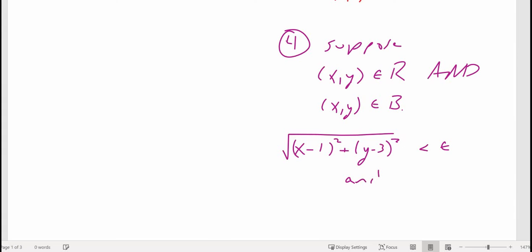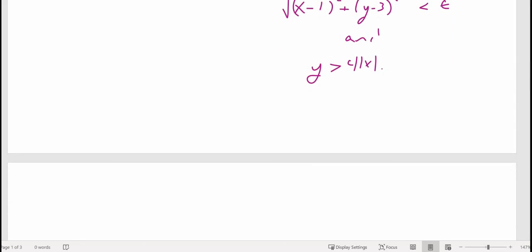And it also tells me that y is greater than 4 times the absolute value of x. So I know those two things for sure if that point does lie inside of the ball and inside of the region. Right now I'm just trying to explore what it will take for that to happen.